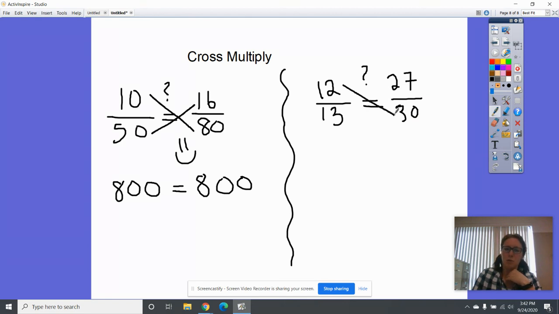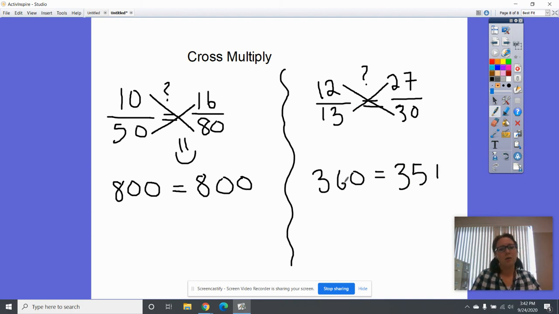And I can cross multiply, so 12 times 30 is 360. And I cross multiply, 13 times 27 is 351. Now, I have heard some people say, well, those are pretty close, so we'll go with yes. But the answer is no. They have to be exactly the same for them to be proportional. So sad face, nope, those are not proportional.